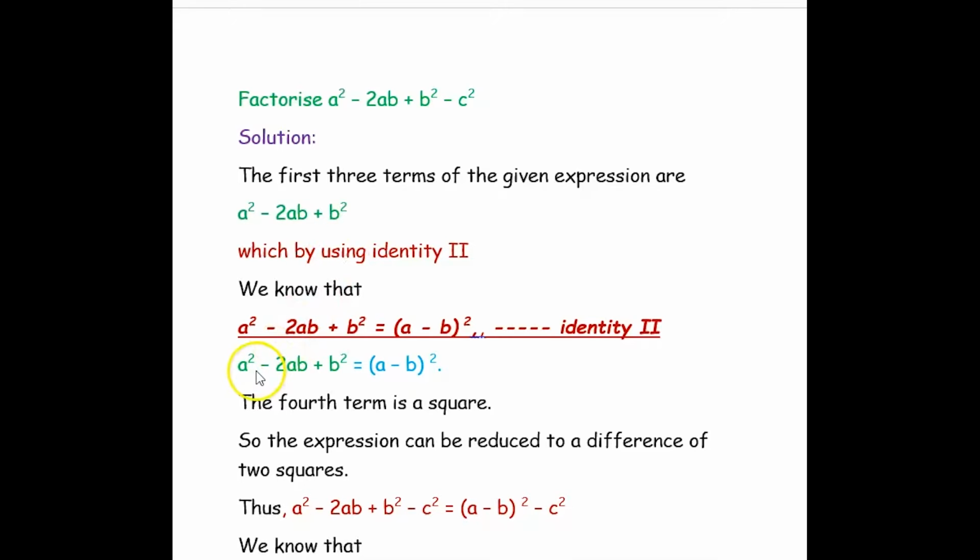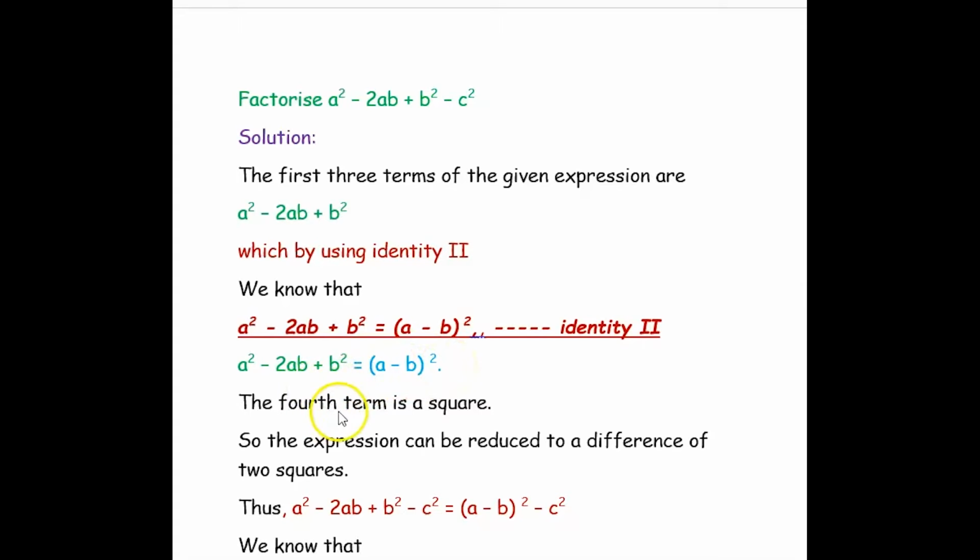Now we are considering only the first 3 terms of the expression and comparing with identity 2, that is a square minus 2ab plus b square. So we can write this as a minus b whole square.